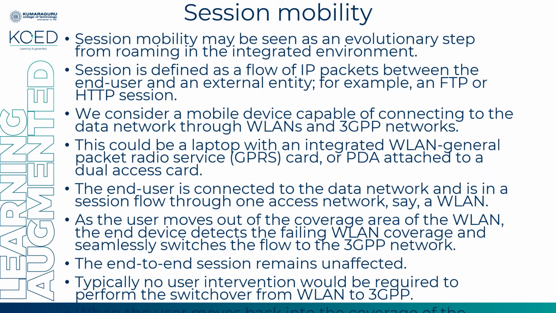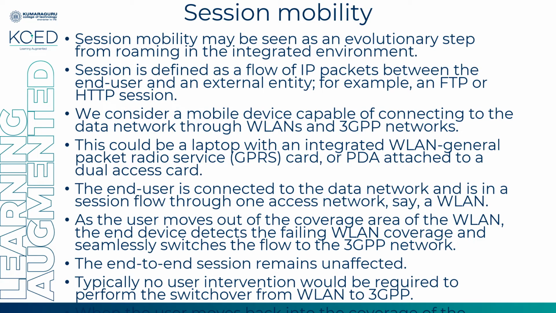Now you are connected to your wireless LAN and you move out of its coverage area, because you know the coverage area of wireless LAN is limited. When you move from one cellular network to another, when you roam from one area to another while using your mobile phone, seamless connectivity, even session mobility, is integrated.